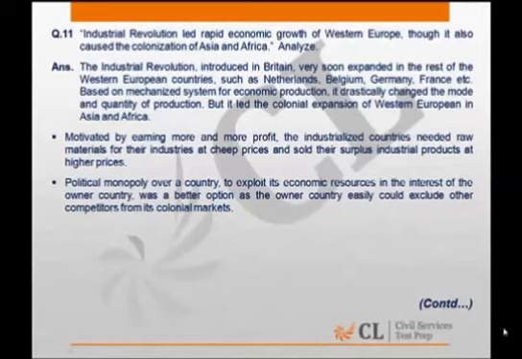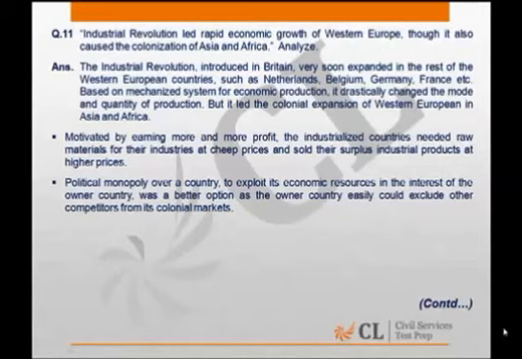The most important point of the economic revolution, which was followed by the industrial revolution, was that surplus production needed a surplus market. The industrial revolution needed cheap labor and cheap raw material, which was not available in Europe.